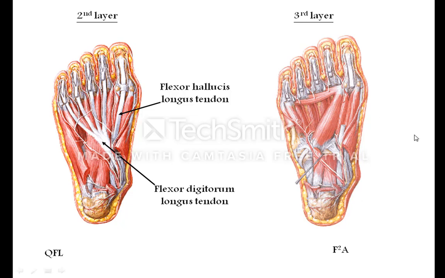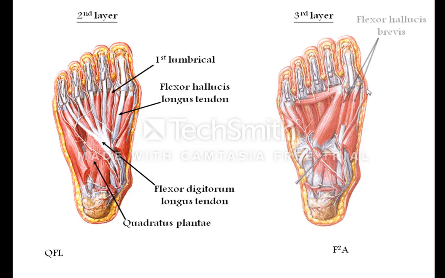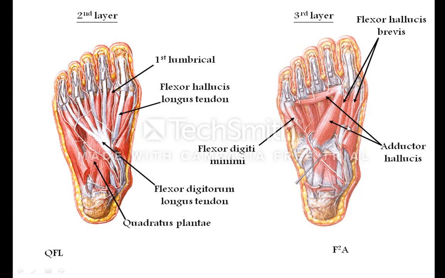When we move to the third layer of the foot, it contains 3 muscles like the first layer. The first muscle is the flexor hallucis brevis, running here toward the big toe, then the flexor digiti minimi brevis. The third muscle is the adductor hallucis, which adducts the big toe.